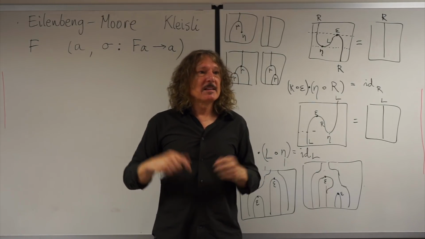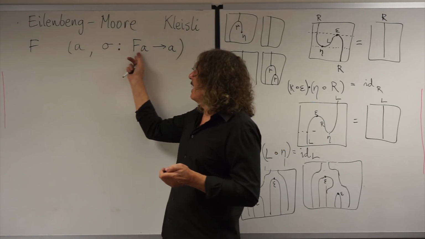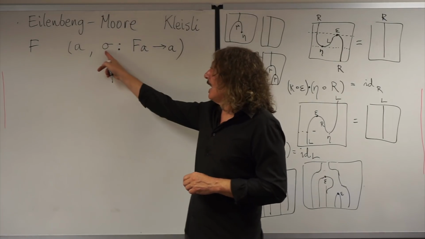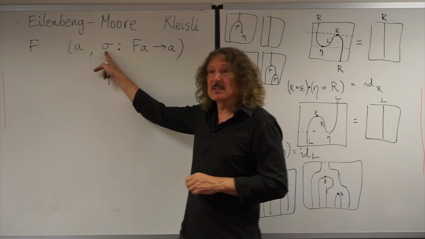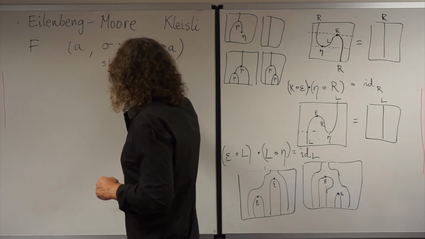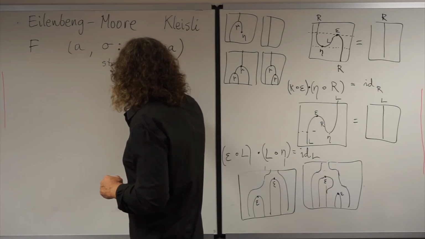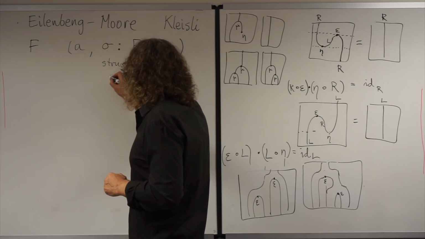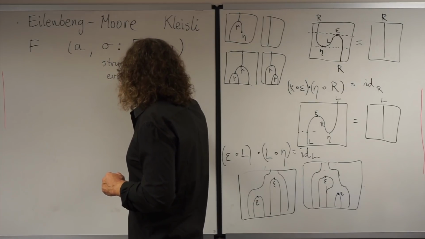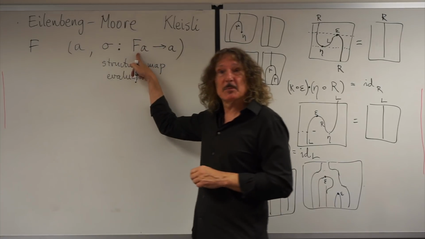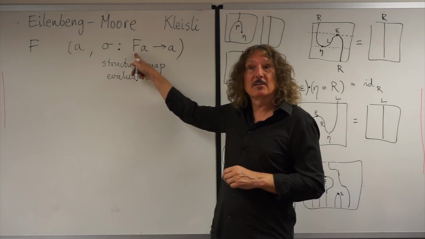Well, you get a list of int. FA is a list of int. And this sigma, which is called a structure map, or for us programmers, let's call it an evaluator.